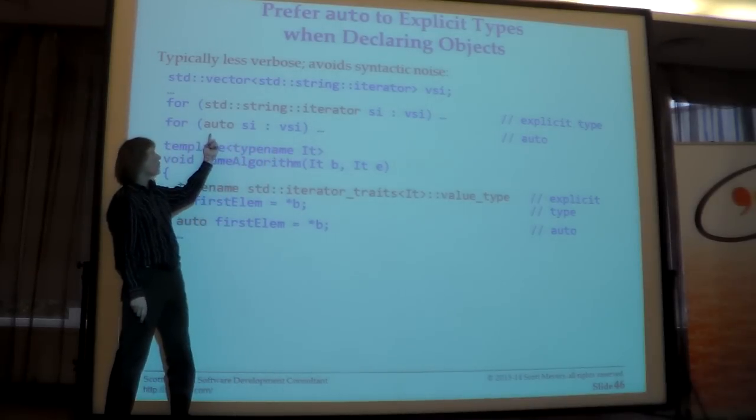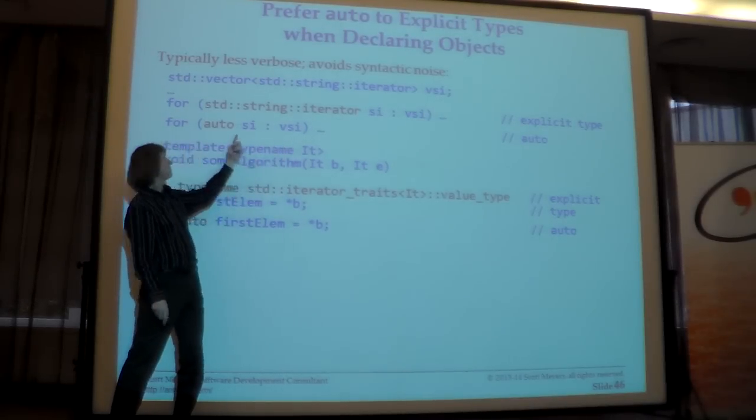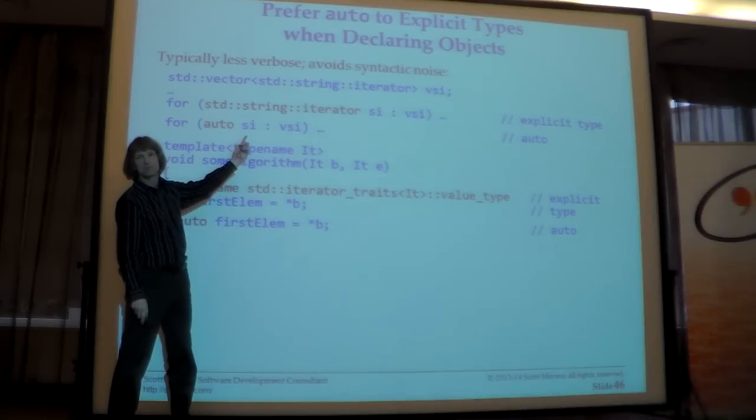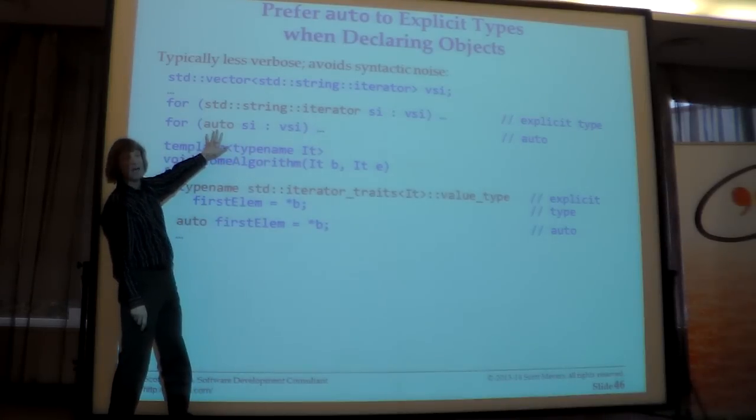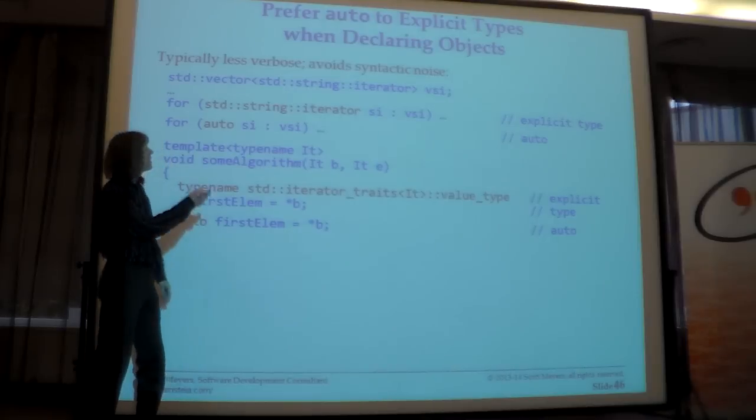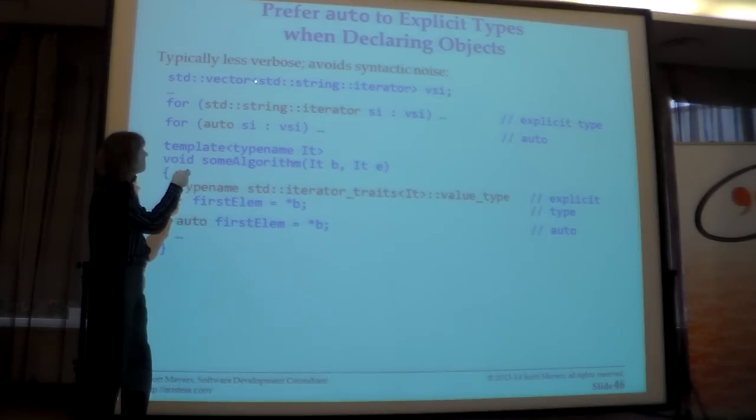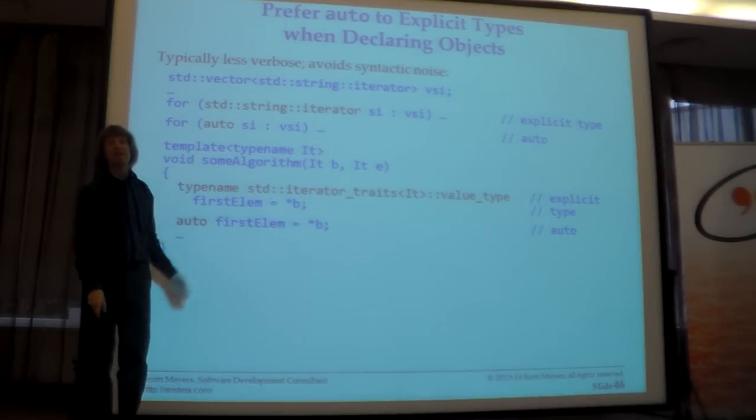And this means for whatever is in this container, do it for each one of them. This is not only less to type, I believe it's clearer. Furthermore, if you change this later, maybe to be a const iterator, you have to change this too. Whereas with auto, it automatically updates.